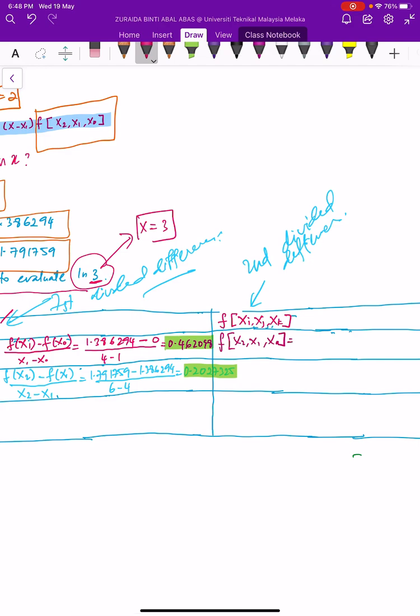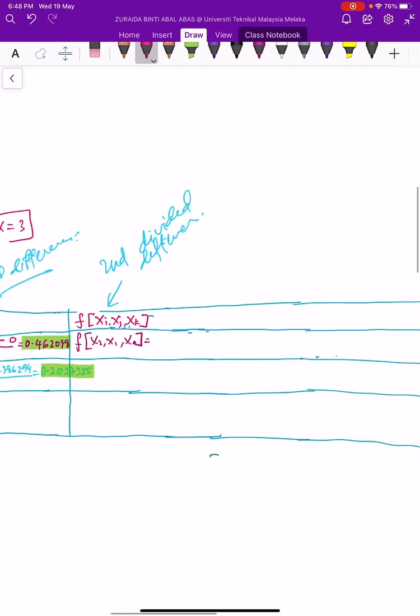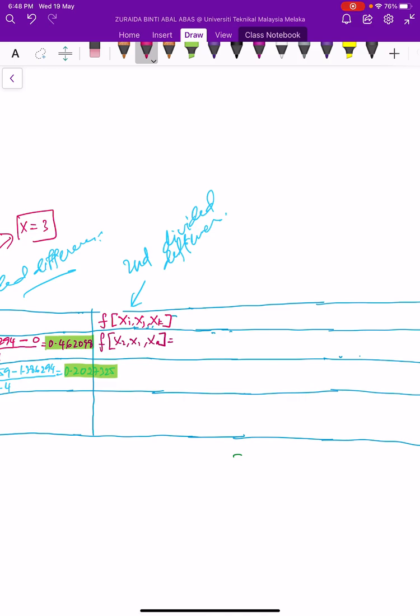It will be f of x2, x1 minus f of x1, x0, divided by x2 minus x0.